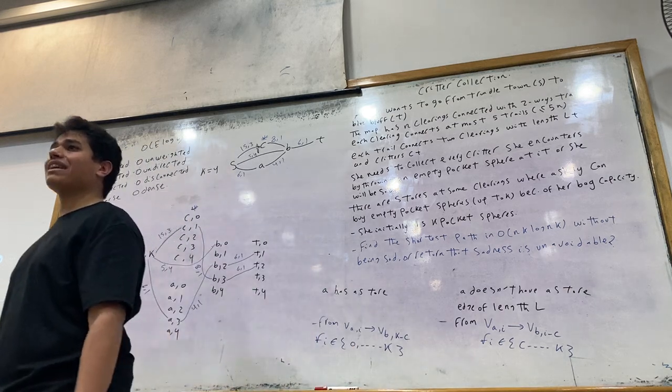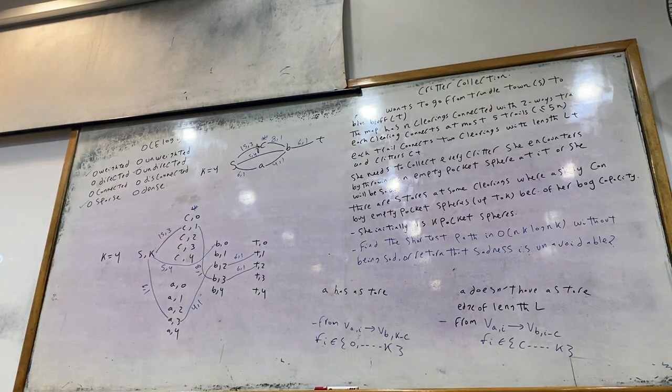Because if I have less than C, this busway will make me sad, so I cannot make an edge. So when I don't make an edge, I'm sure that I will not reach the target from this busway. If I can't reach the target from any busway, it means that all the target states will be infinity, meaning that I cannot avoid sadness. Did you get it? Yeah.